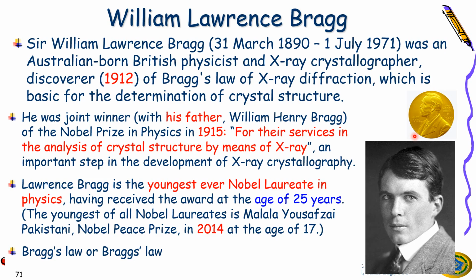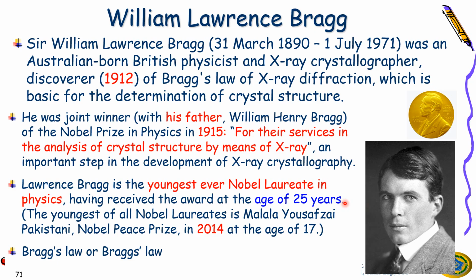So Bragg, he got the Nobel Prize together with his father. How wonderful, right? Father and son got the Nobel Prize together, and actually he's the youngest Nobel Prize winner in physics. When he got the Nobel Prize, he was the age of 25. Very young. Okay, thanks to his father, right? Without his father, I don't think he could get the Nobel Prize so young. But anyway, I don't know.